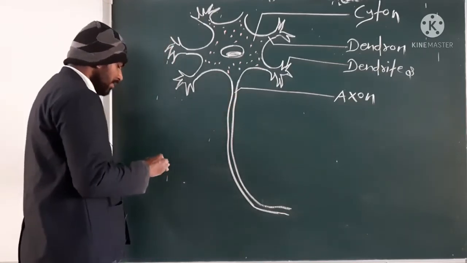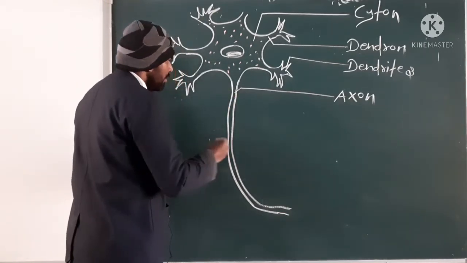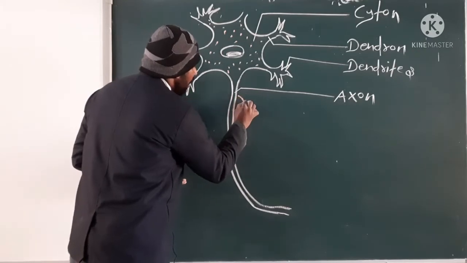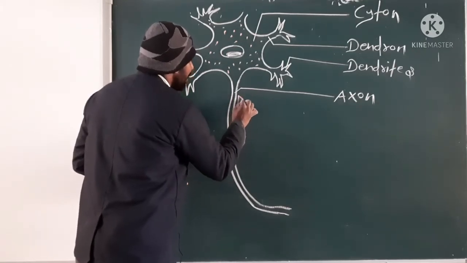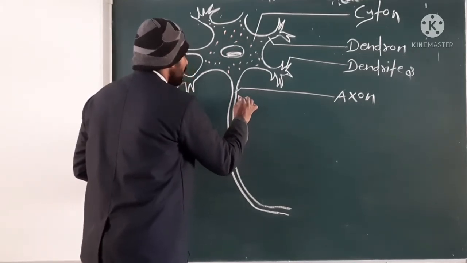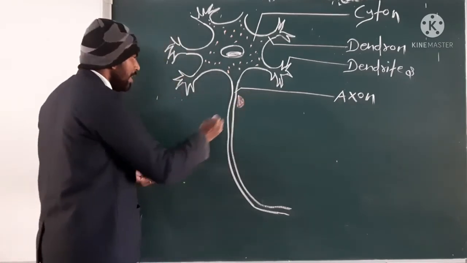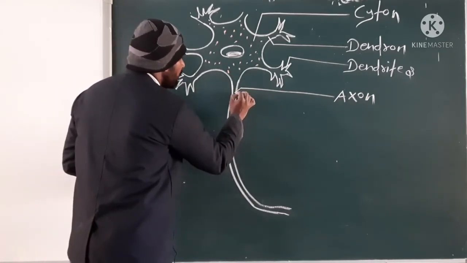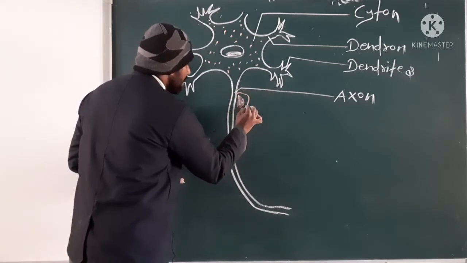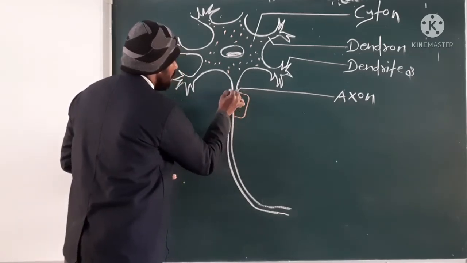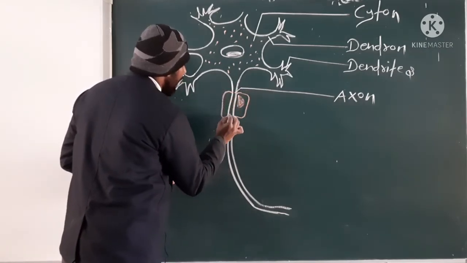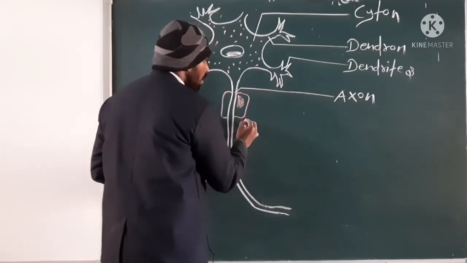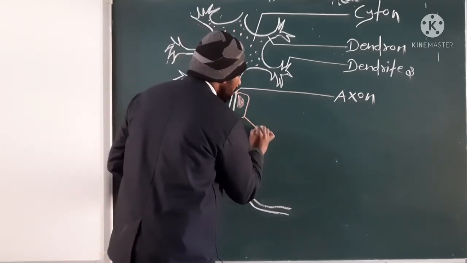Now this axon is sometimes enveloped by a cell called Schwann cell, and this Schwann cell forms one layer around the axon. That layer, that sheet, is called myelin sheath.